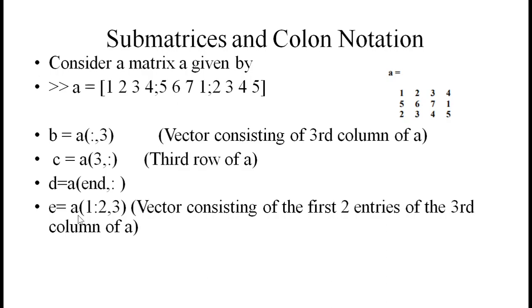Now another, E equals A of 1 colon 2 comma 3. Here this command tells us the vector consisting of the first two entries of the third column. So this is the third column, and we want two entries only. That means 3 and 7. So E is nothing but the vector which should contain 3 and 7. How should it be written? E equals A in round bracket 1 colon 2 comma 3.